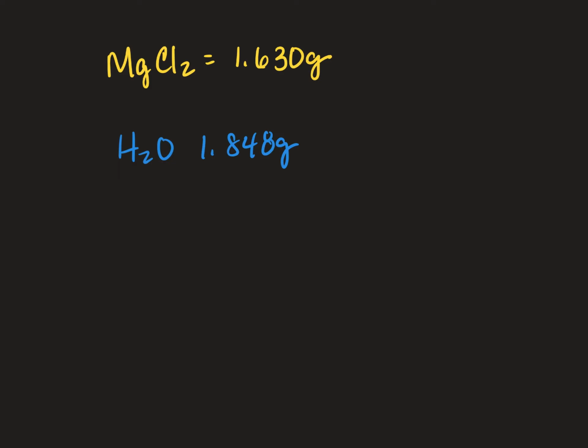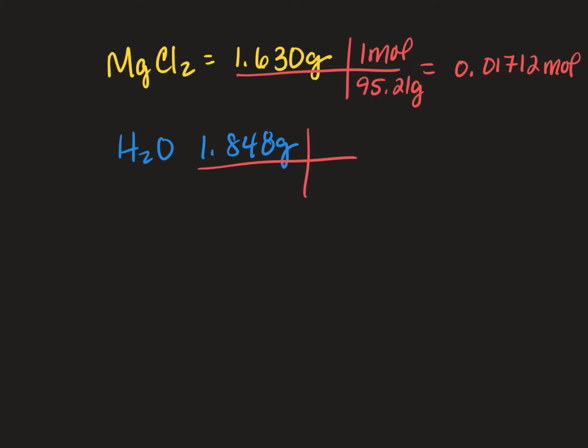So for the magnesium chloride, we know that in 1 mole, there's 95.21 grams, which gives us 0.01712 moles. And then for the water, we're going to take 1.848, and in 1 mole of water, there's 18.02 grams, which gives us 0.10255 moles.